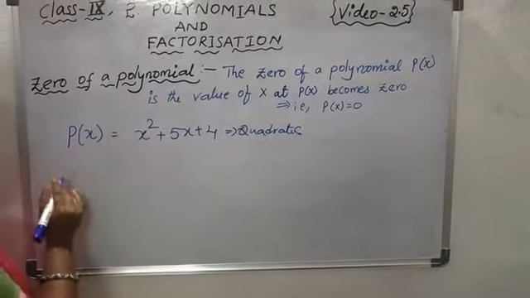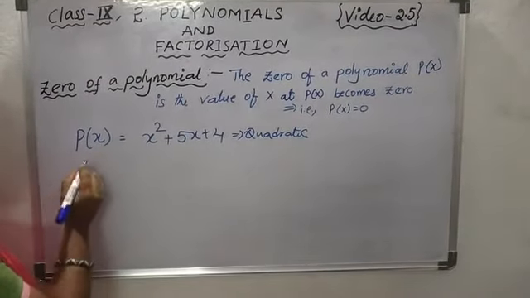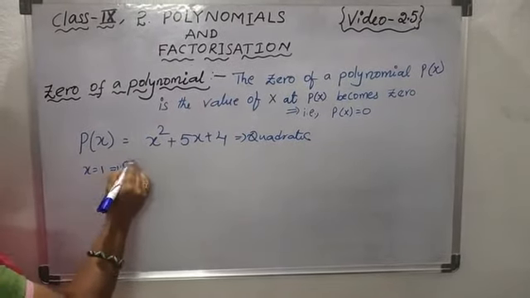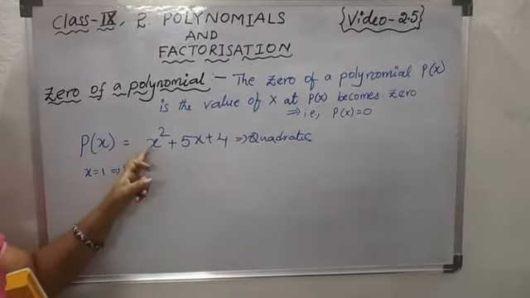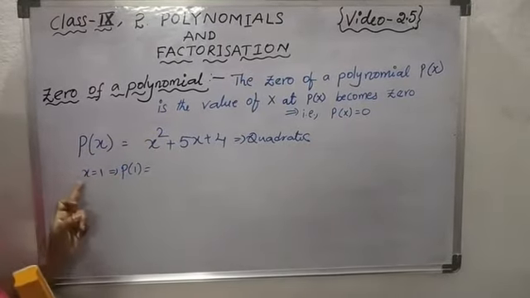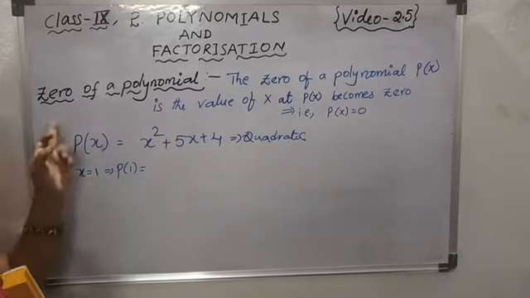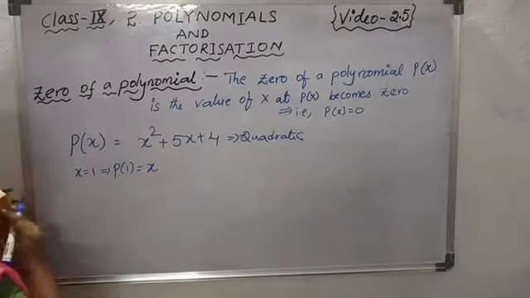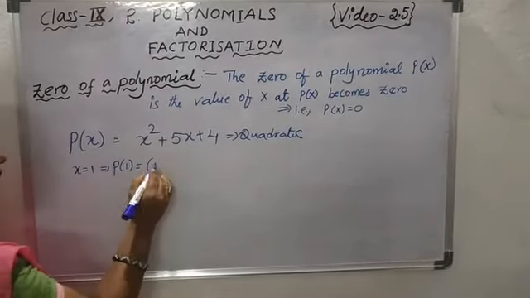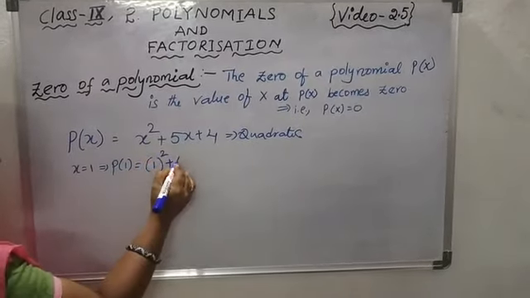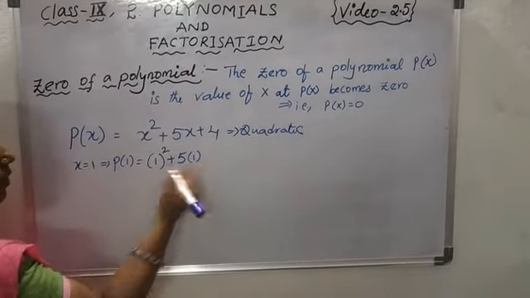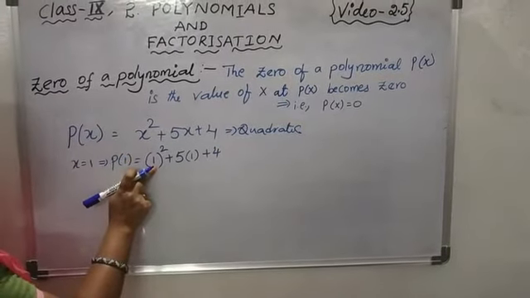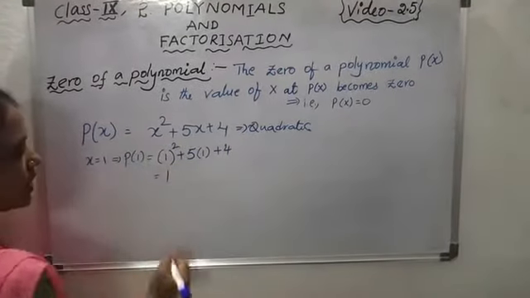Now let us go into our topic. If we substitute x is equal to 1, that implies p of 1 is equal to, if we substitute x equal to 1 in this expression, in the place of x we write 1 square plus 5 into 1 plus 4. 1 square means 1 multiplied 2 times, 1 ones are 1.